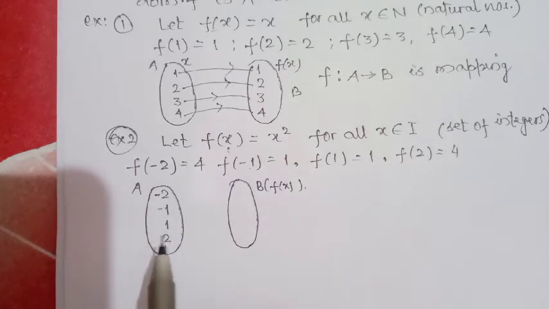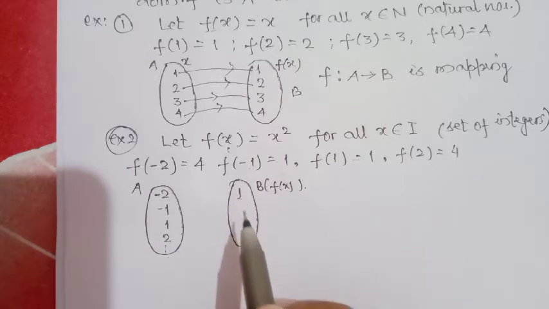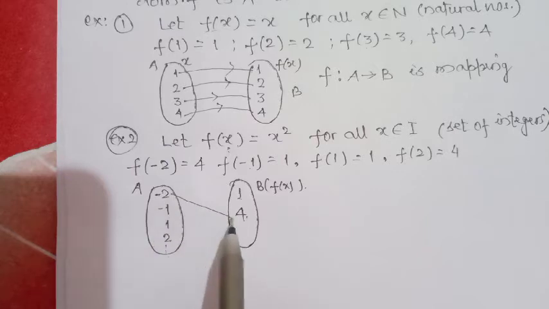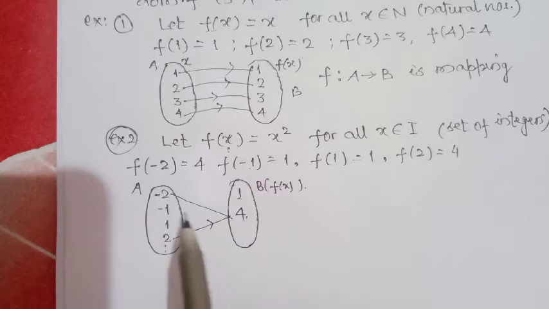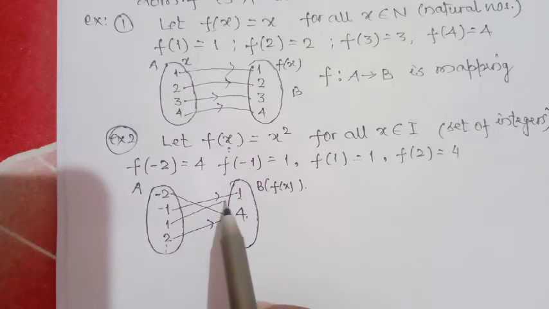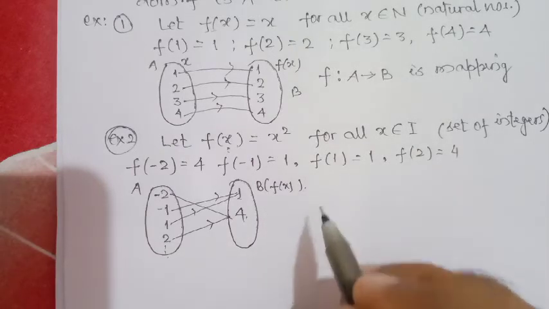Write down its values: 1, 4. Minus 2 goes to 4, plus 2 goes to 4, minus 1 corresponds to 1, similarly 1 corresponds to 1. So this is again a mapping.